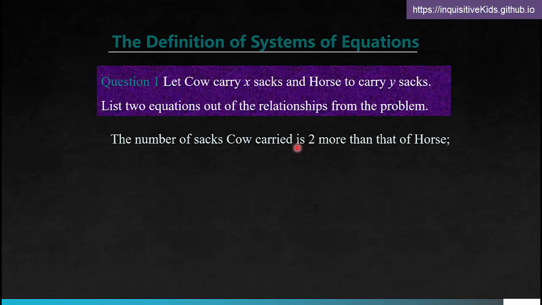The definition of systems of equations. Here's your question 1. Let cow carry X sacks and horse carry Y sacks. List two equations out of the relationships from the problem. Okay, so here we're just turning the unknown values into variables. X and Y are unknown values, they're variables that we have set in order to write down multiple equations for this problem.